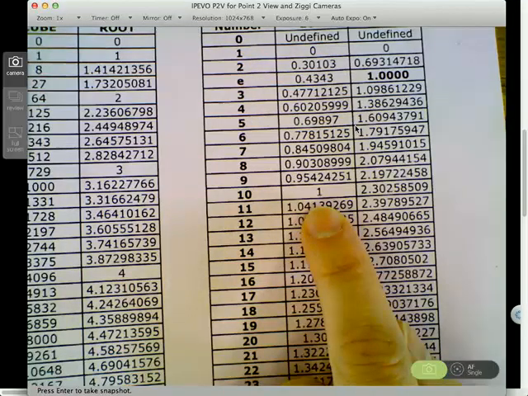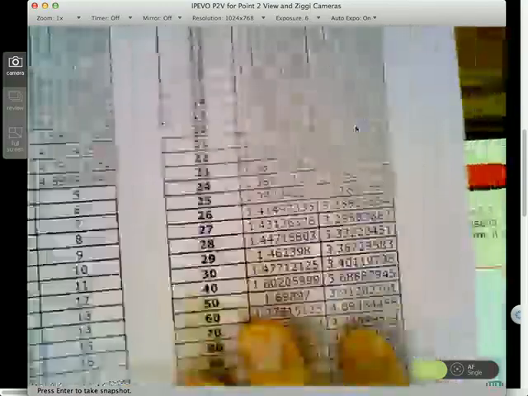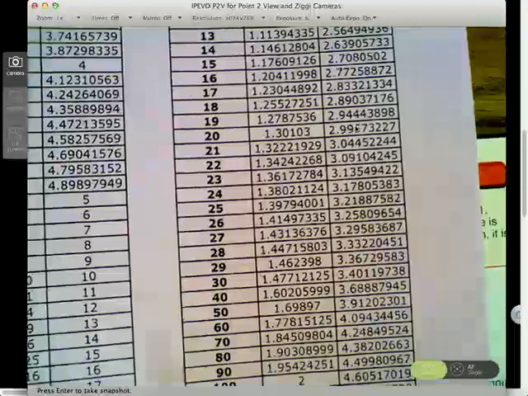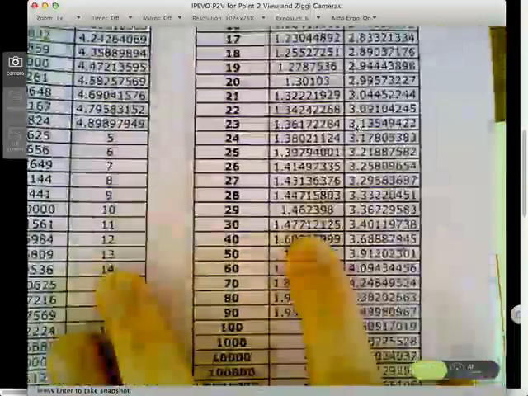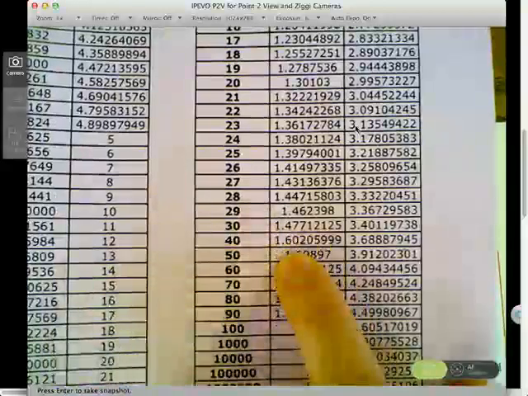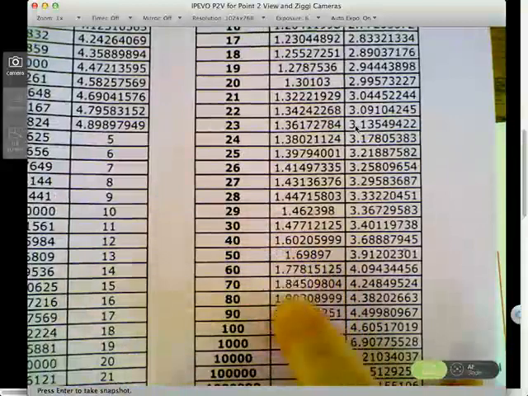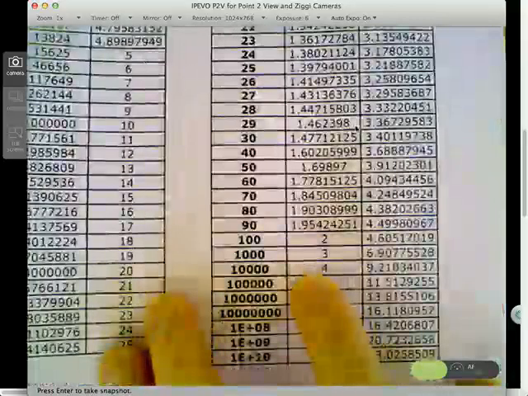Yep, log base e. But so yeah, then I've got values of log all the way down to I think 30, counting by ones anyway, and then I count by tens, and then I start multiplying by factors of 10.